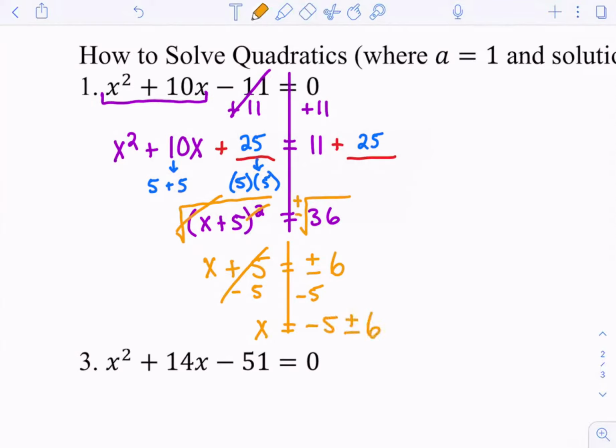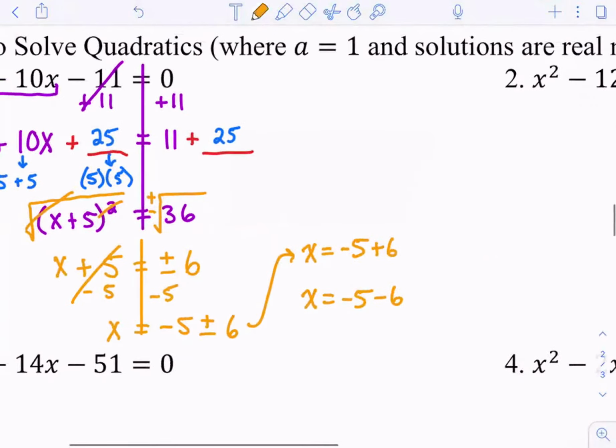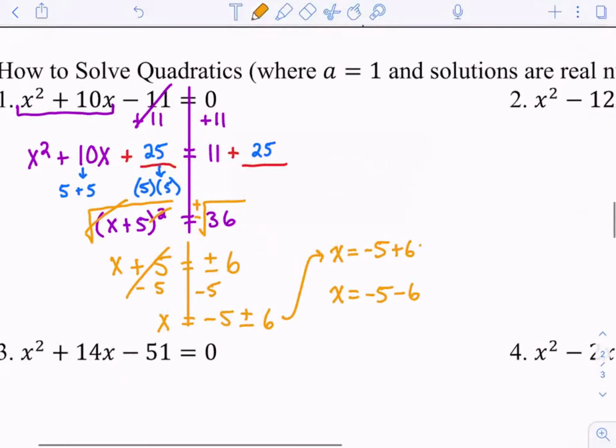Now, remember, what does that mean? That means I have 2 answers. My 2 answers are, one of them is negative 5 plus 6, and the other answer is negative 5 minus 6. That's what plus or minus means. So what does negative 5 plus 6 equal? 1.